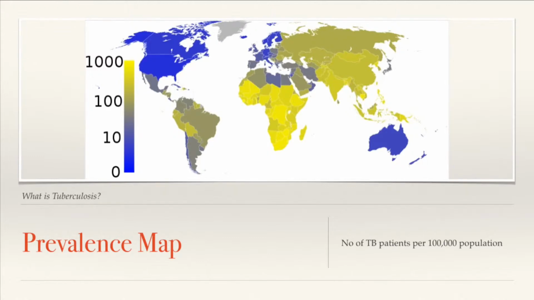This is the 2009 World Health Organization prevalence map for the disease tuberculosis. The yellow areas show a very high prevalence rate, reaching up to 1,000 patients per 100,000 population. The blue areas show countries where there are 0 or a very low number of patients per 100,000 population.